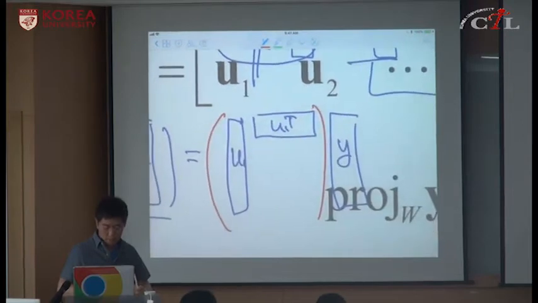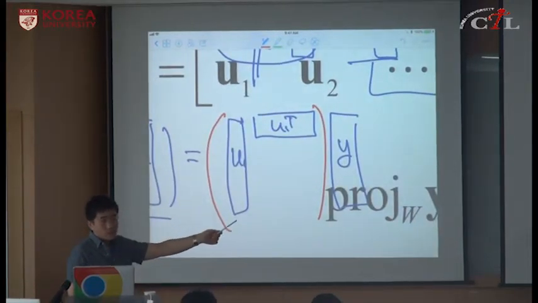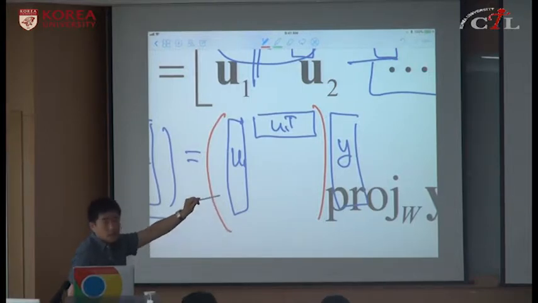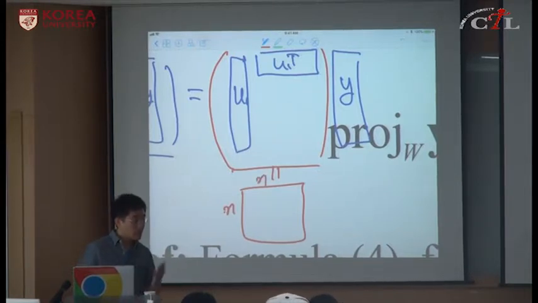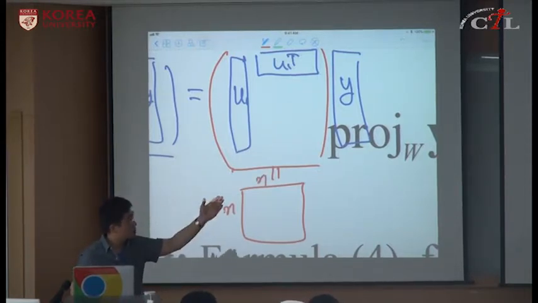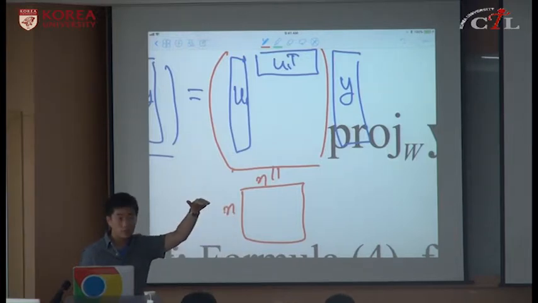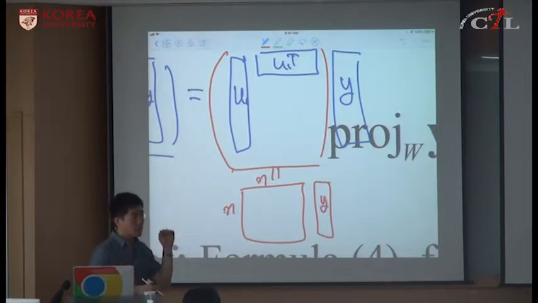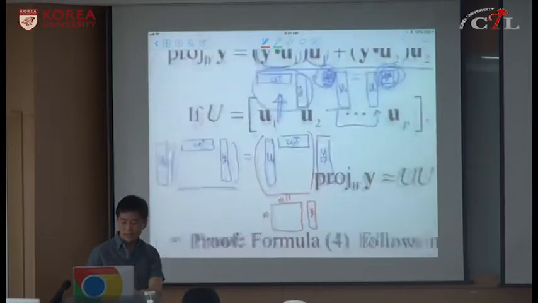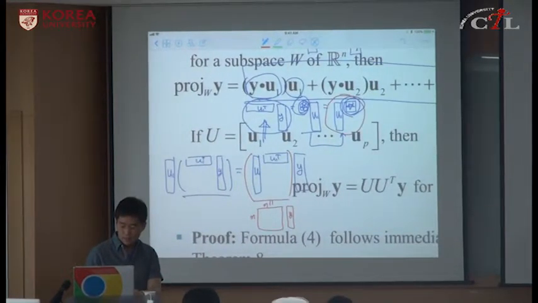But in this part, we first perform the outer product between the same vector u1 and u1 transpose, which produces this big n by n matrix. That n by n matrix will be further multiplied by y, right? So this computation is exactly the same as this part.